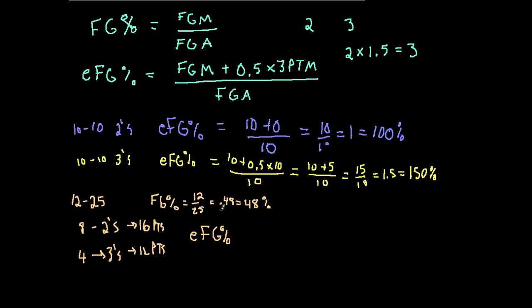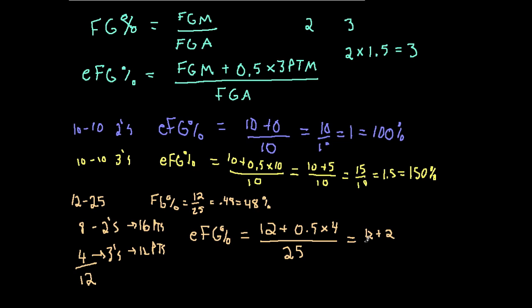Compare that though, because that didn't take into account the fact that they hit several threes. So their effective field goal percentage would be, they made a total of, down here we had 8 and 4, they made a total of 12 field goals. So 12 field goals made, I'm just using this equation up here, plus 0.5 times 3-pointers made. Well, we said they made 4 3-pointers, so times 4, divided by, how many field goals did they attempt? That was here, the 25 field goals attempted. So this equals 12 plus 0.5 times 4 is 2.